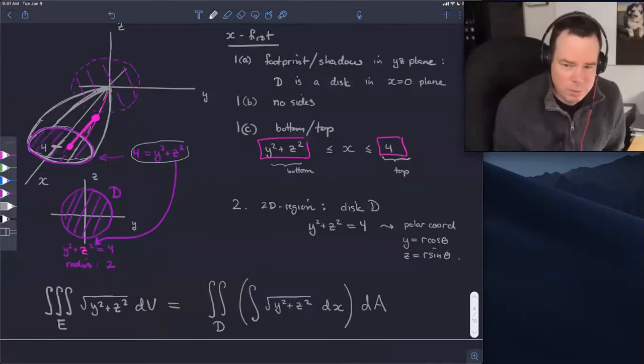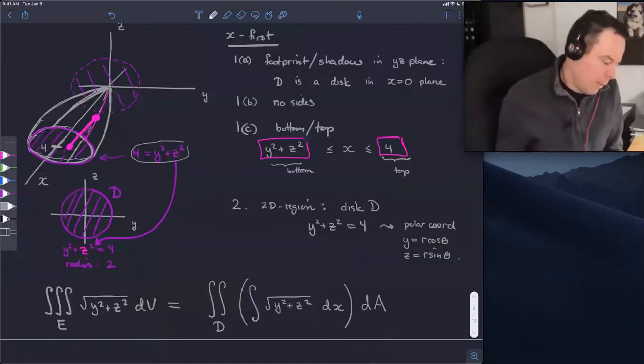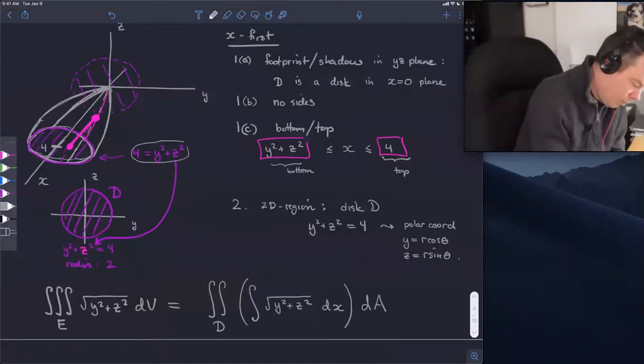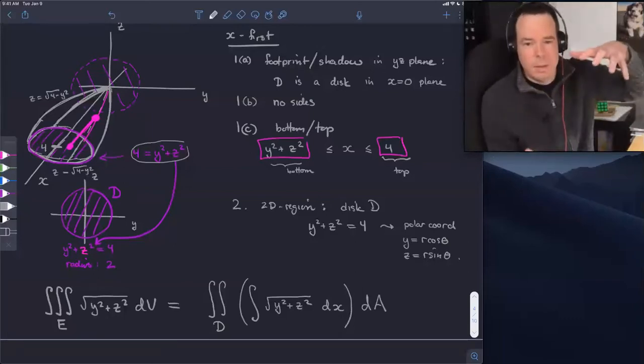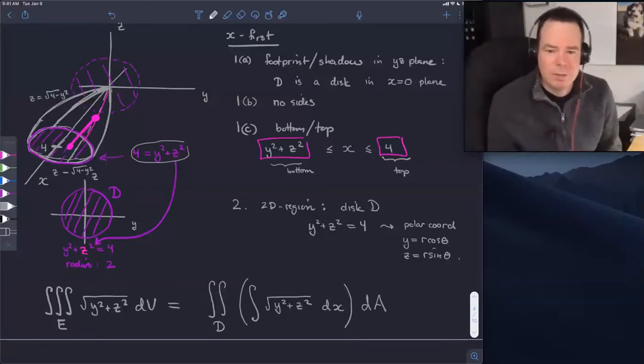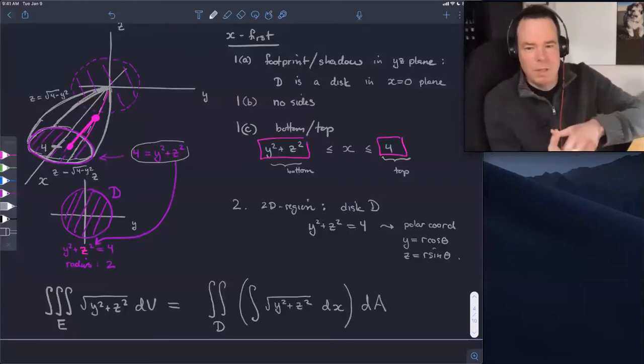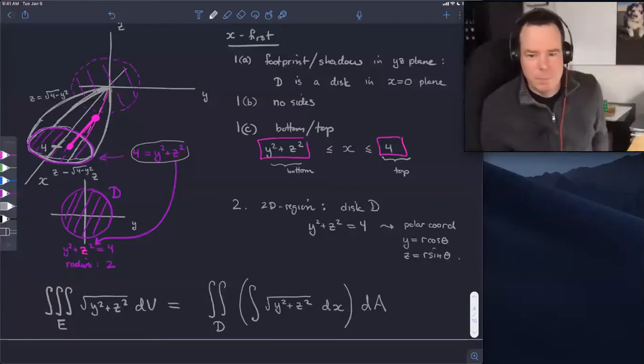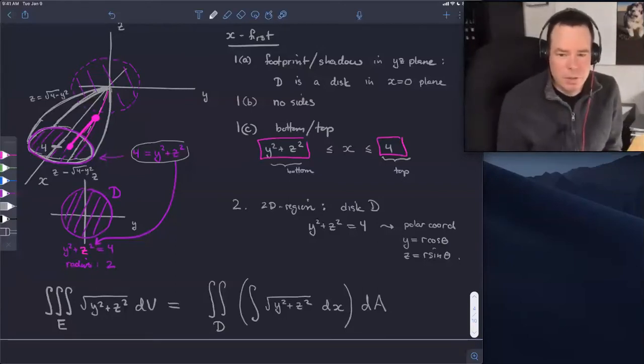It would go from the bottom, minus the square root of 4 minus Y squared, and the top up here would be the square root of 4 minus Y squared. Those would be my upper and lower half paraboloids, if you will, and those would be the Z values I'd be integrating between. So if I did this direction, I'd have to introduce square roots, for example.